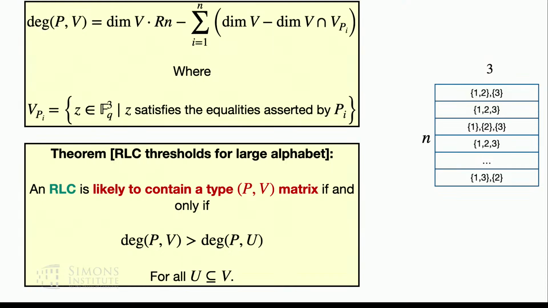The other direction, that if this is larger for all subspaces, is again proven by a second moment method, completely analogous to how we proved the classical case and how Bollobás proved the case for graphs. It's all the same idea.